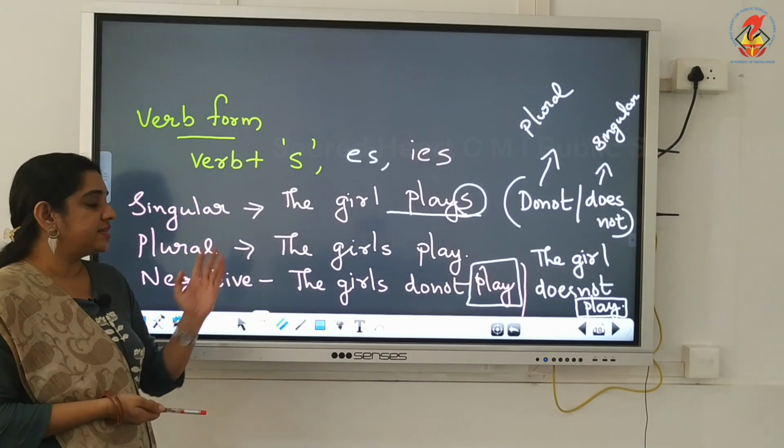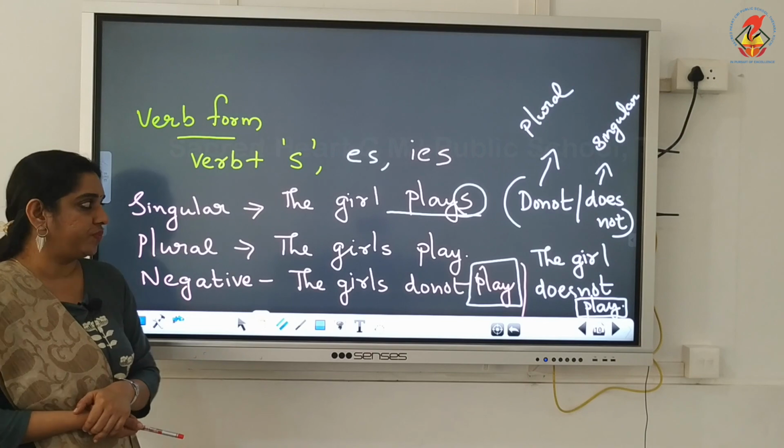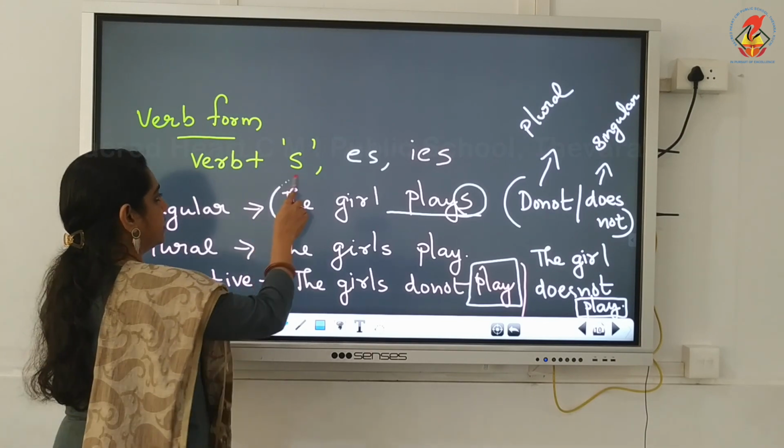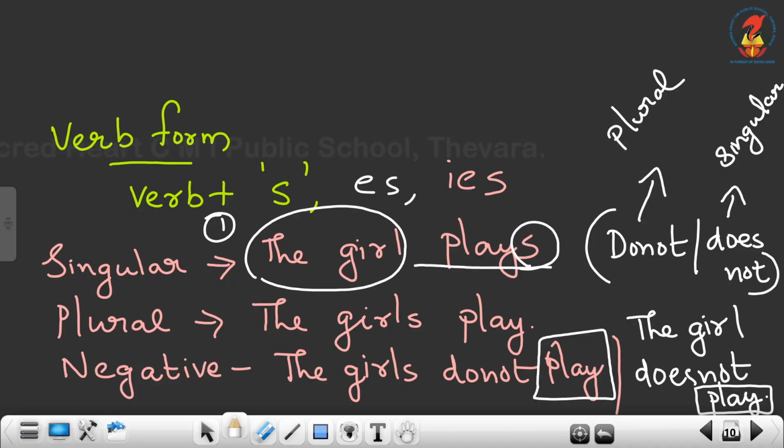Now regarding singulars and plurals, what to do? Here you know the girl is singular. Singular means one. So you can use S with the verb. But if this is plural, the girls, plural means more than one.